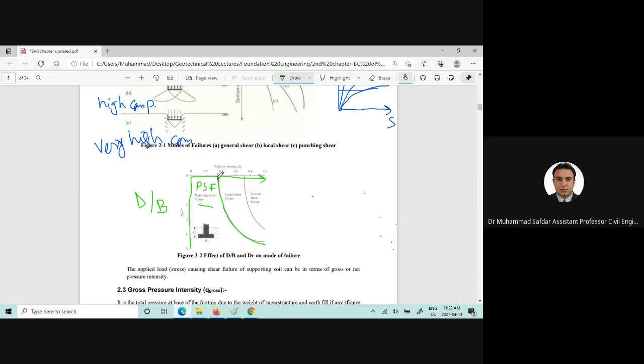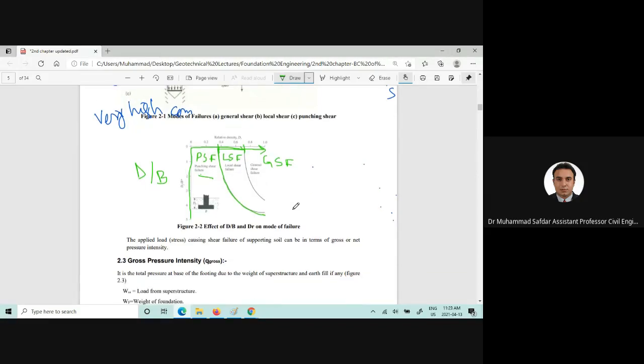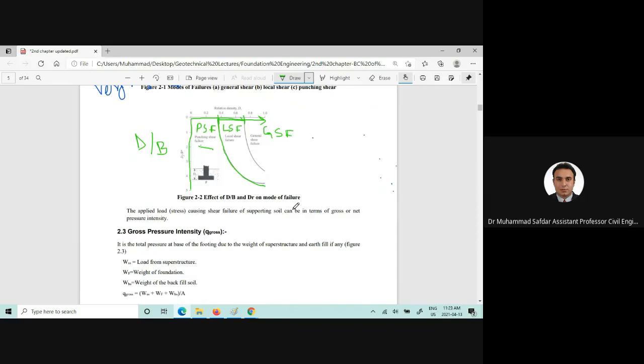If we are having medium dense sands, then we will have the local shear failure mode, and if we are having very dense sand, then we will be experiencing the general shear failure mode in cohesionless soils. So that's how you can relate the mode of shear failure with the relative density of cohesionless soils.